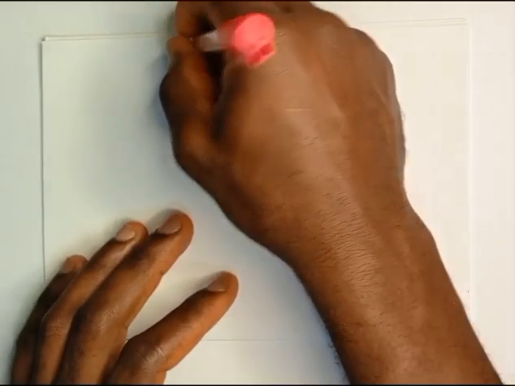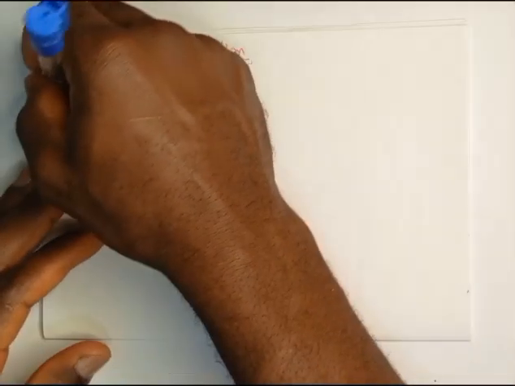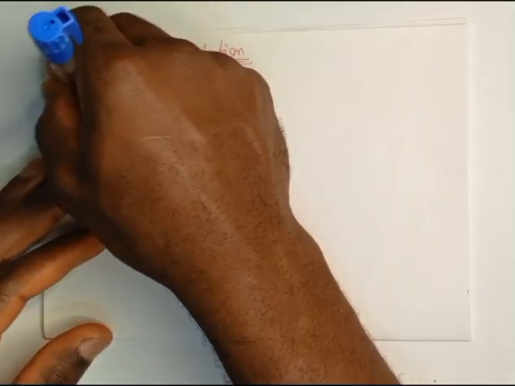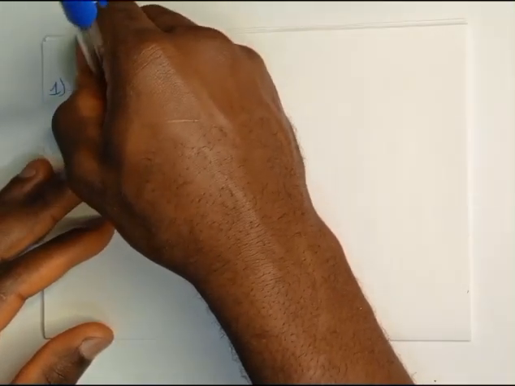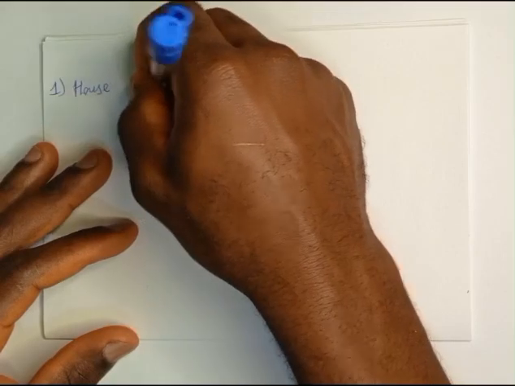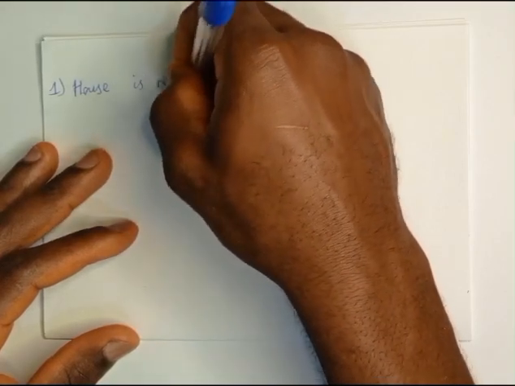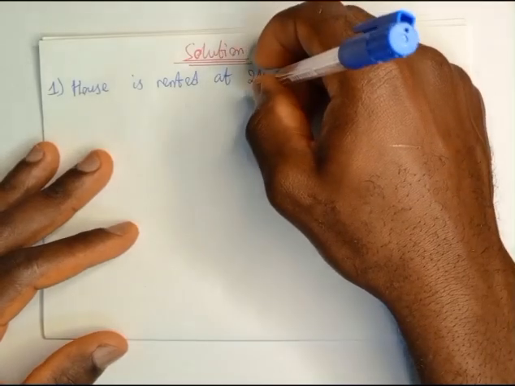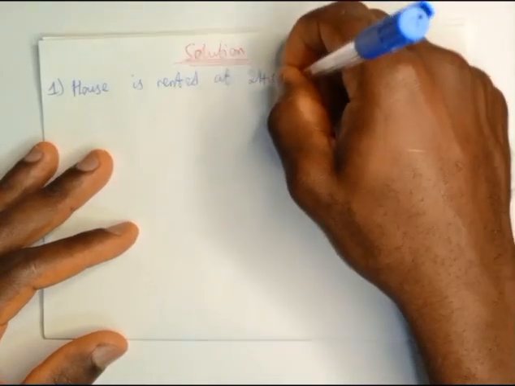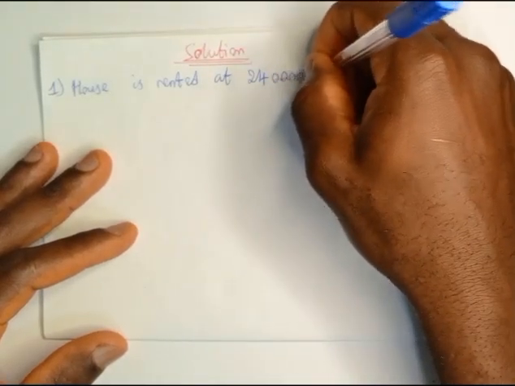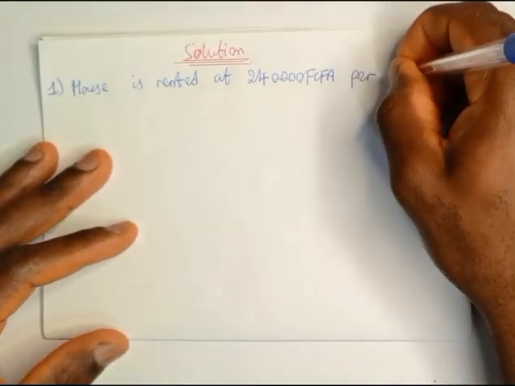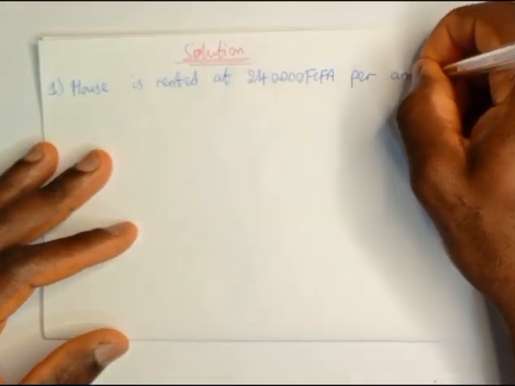Take solution. Question 1. We have a house. The house is rented at 240,000 francs CFA per annum.